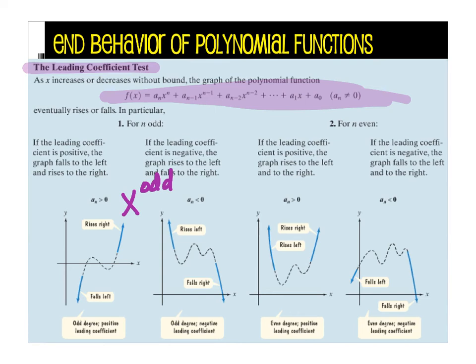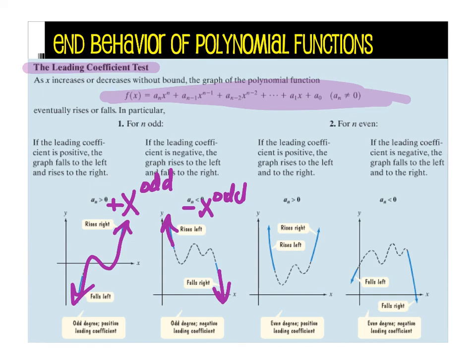If that term is positive, then it rises to the right and falls to the left. If it's odd but negative, it rises to the left but falls to the right. As this section goes on, we're going to start to figure out what happens in between those two arrows. But for right now, all you're looking at is the end behavior.